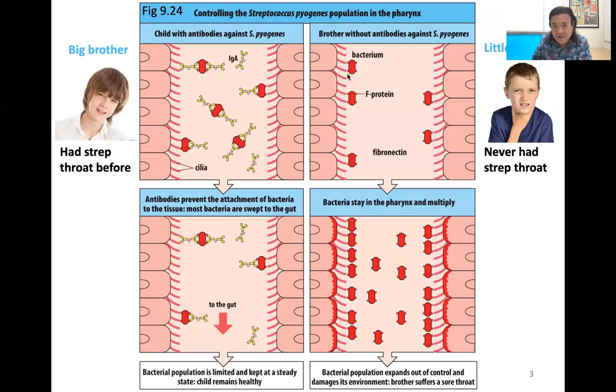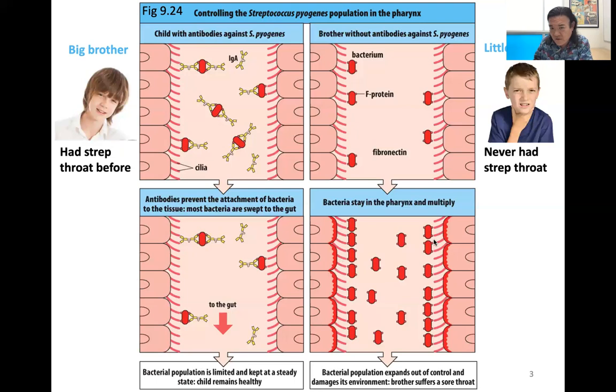So these antigens on the bacteria, maybe these are little proteins that are involved in sticking to surface features of his respiratory epithelium, they gain entry into his cells, right? And they infect and they begin to multiply.